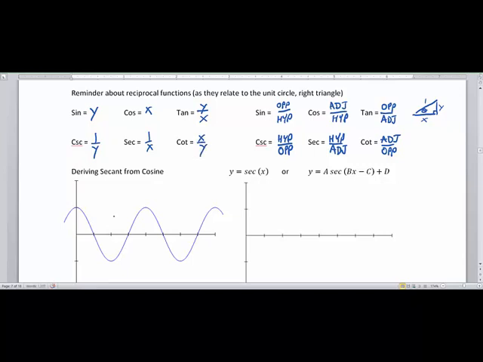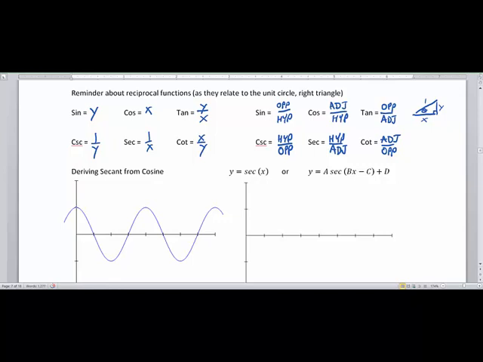Now I find it's very good to derive our secant and cosecant in the example underneath this one from their parent functions, cosine and sine, respectively. So let's think to ourselves here, what does it mean to be reciprocal? Well, it means that at this value, we're going to take its reciprocal.